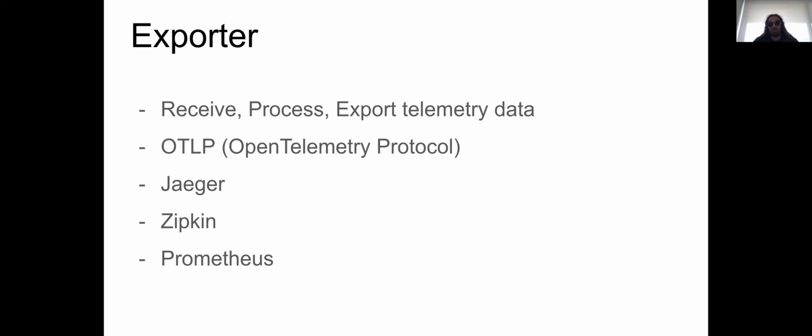You can, of course, export data directly to other systems, like Jaeger, Prometheus, Zipkin, like I mentioned before. But ideally, you just export things to the OpenTelemetry collector directly, and then from there you can push data to whatever place you want. But the idea here is you're always going to require this exporter, so the application can export the data to somewhere else.